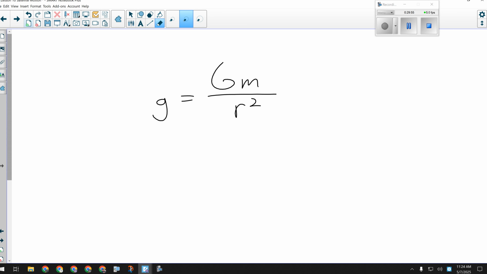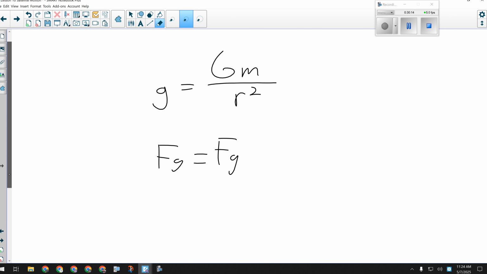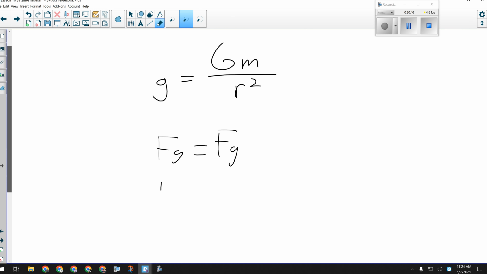Now, this formula is not a new and separate formula. This formula is simply this. Force of gravity equals, oddly enough, the force of gravity. I mean, they better be equal, right? But what we're saying here is there's two ways to do this. There's this way, and there's this way.